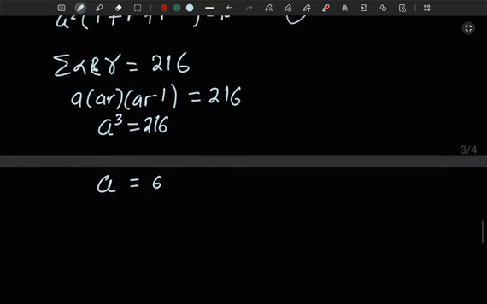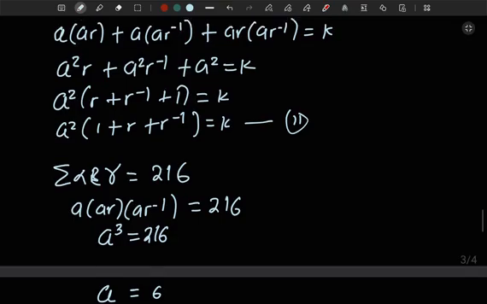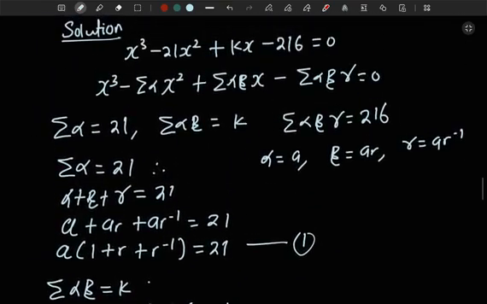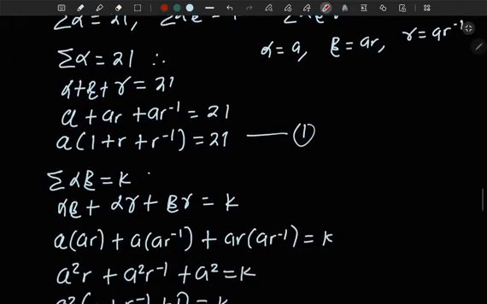Now that we've gotten a to be 6, we need to find the numerical values of the roots. We've gotten one of the roots to be 6, and for us to get the value of ar, we need to find r. Likewise, to get the value of gamma, which is ar to the power minus 1, we also need r. So what happens next?